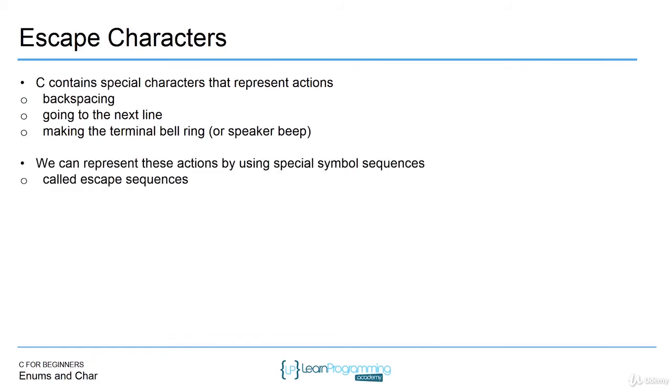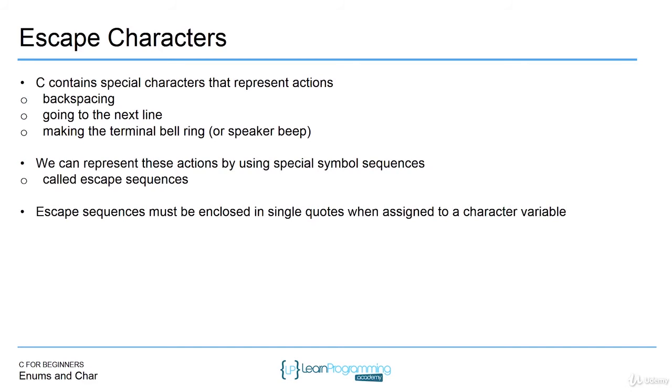And you can represent these actions by using basically an awkward symbol, like a character inside single quotes. And I'm going to give you some examples. These are also called escape sequences. These are special characters that represent actions. So escape sequences are also enclosed in single quotes when they're assigned to a character variable. You often see these escape sequences inside of strings as well to represent an action.